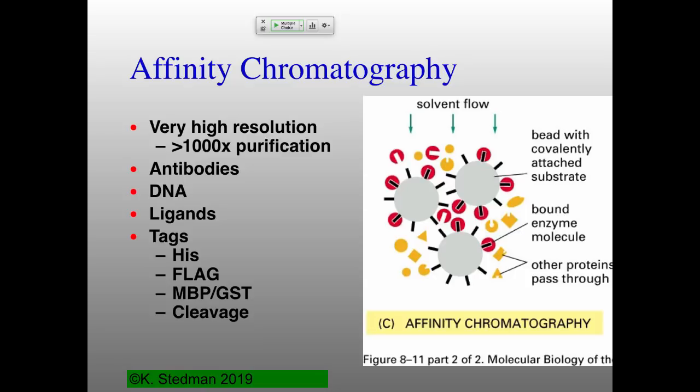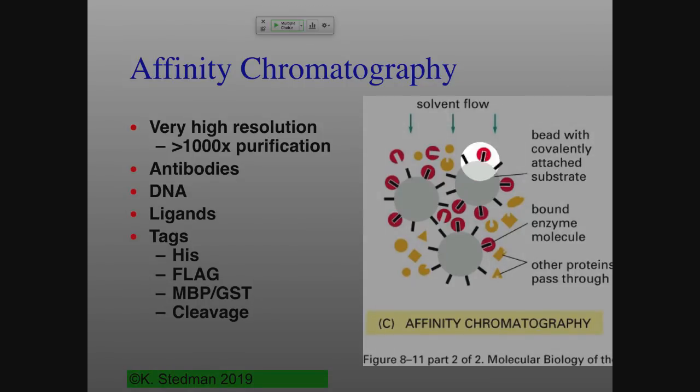This example here has these black bars and then the red circles with the hole in them, which fit exactly onto these black bars. You can see all of the yellow representing proteins. All of these proteins don't bind at all. So again, you end up with a very, very specific process.